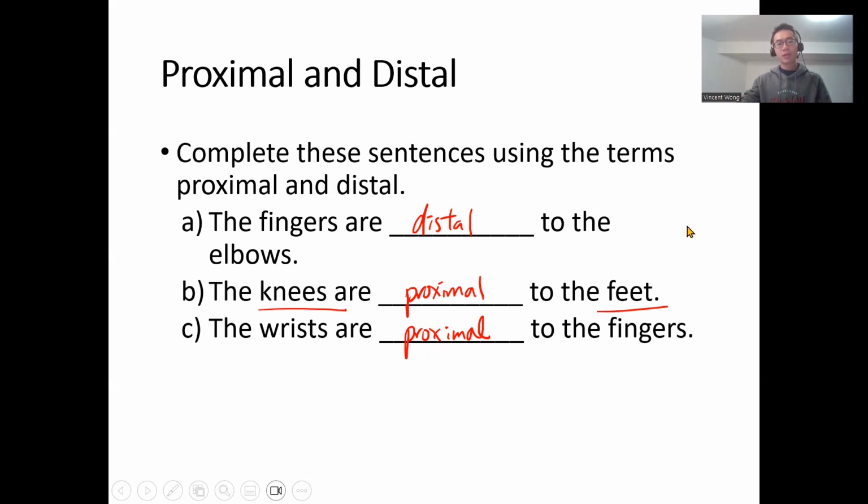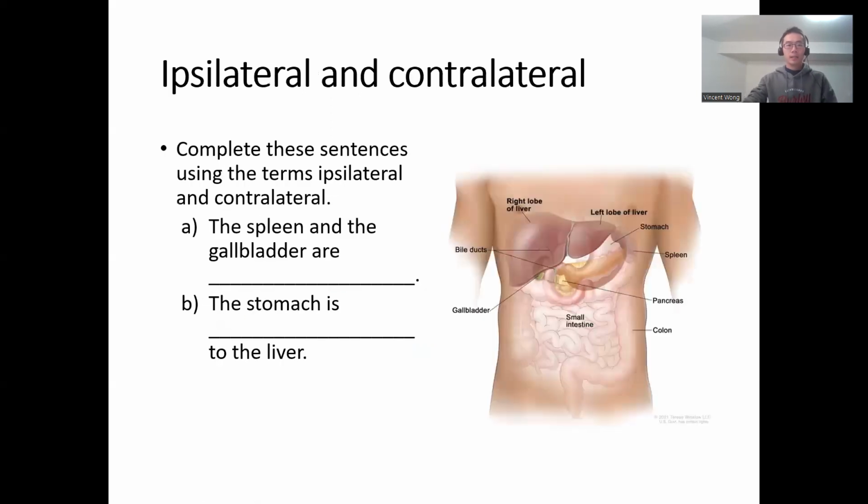Okay, I have two additional terms. It's not on the diagram, but I have to show you. Ipsilateral means on the same side of the body. As in like both are on the left side or both are on the right side. Contralateral is opposite side.